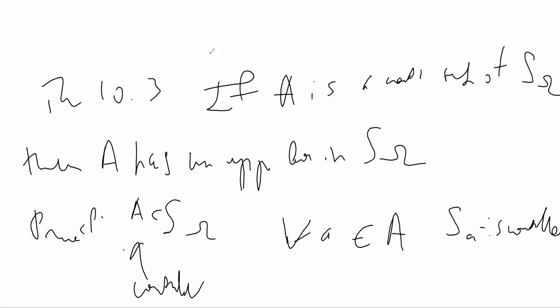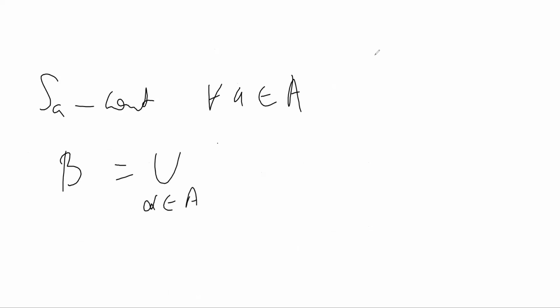Well, yeah, because we know that S_a is actually a subset of A, and A is countable, so S_a should be countable. So S_a is countable for every a in A. Nice. And therefore we have the union B of the S_a. And we know that it's also countable.